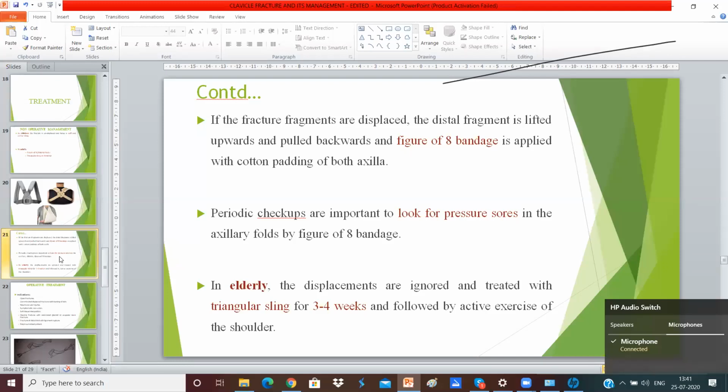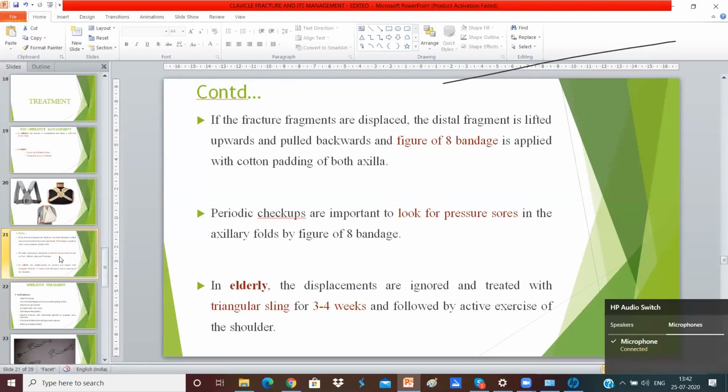What is important is that if you apply this bandage very tightly, then what will happen? The patient will have discomfort and a tingling sensation. He may have compression over the neurovascular structures down below, and may experience discomfort with tingling sensation. This is not an ideal situation. So the tightness of the figure of 8 bandage is very important.